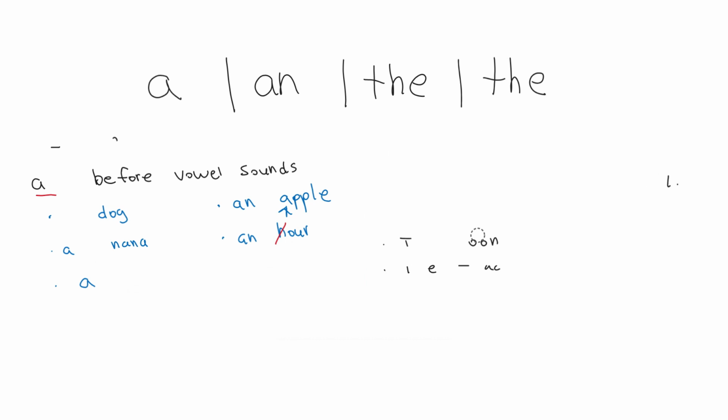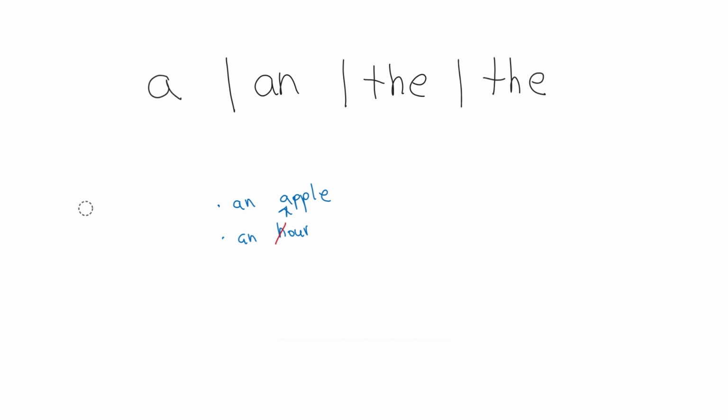A lot of students get confused using the and the and don't really know when to change the sound of this word because they have the same spelling but they can be pronounced differently. So let's talk about that. We use the plus a consonant sound.